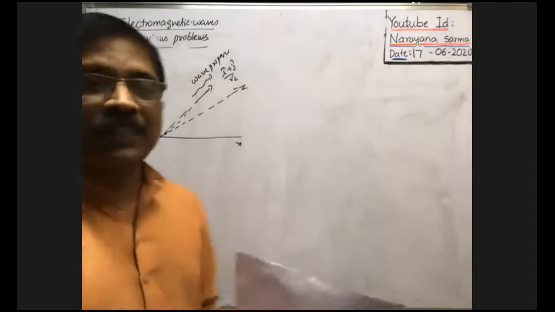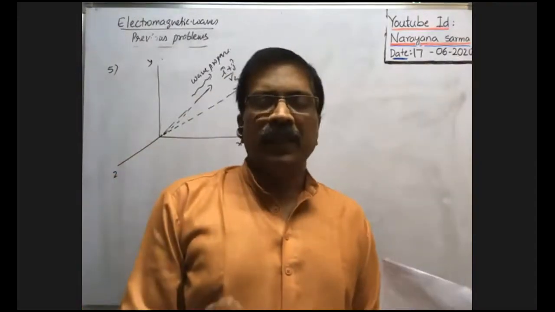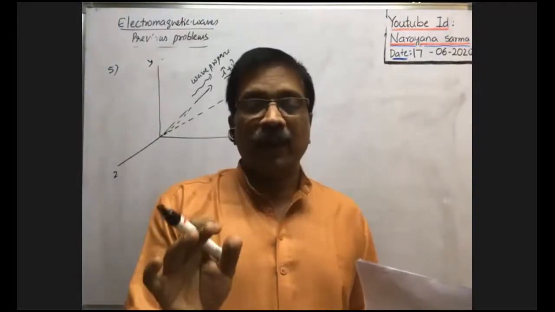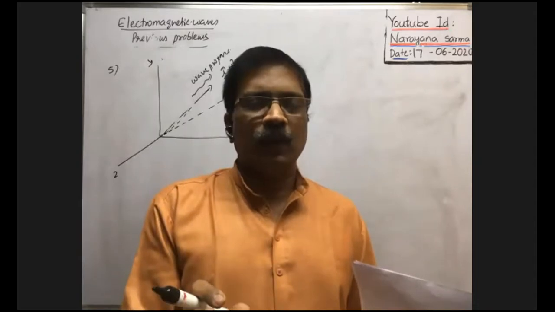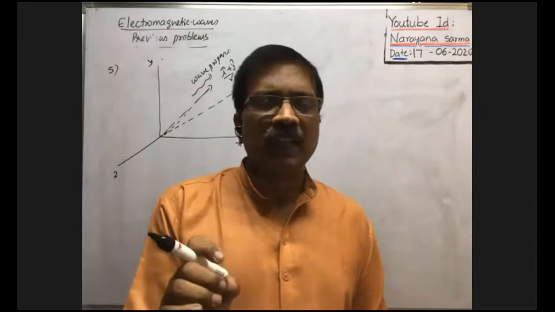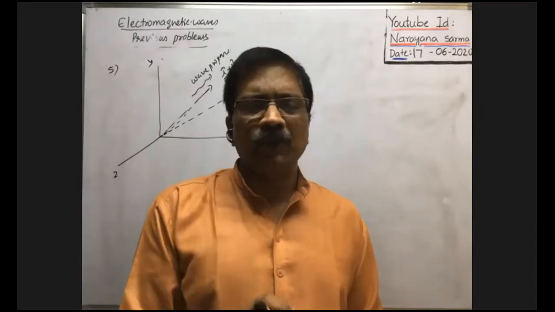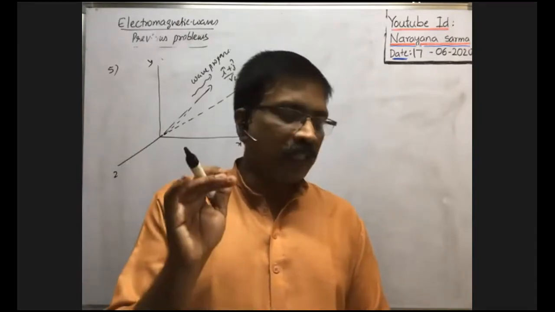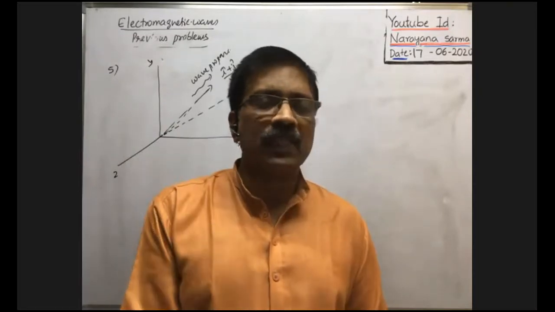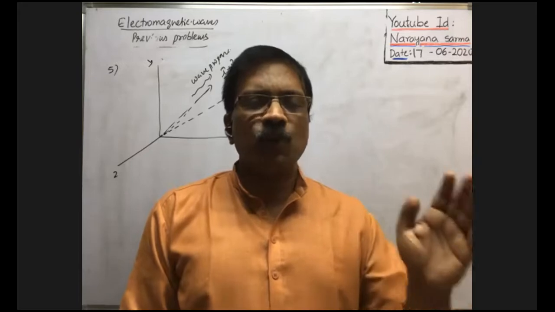Polarization along k cap means the light wave only gets polarized. In the electromagnetic wave, the electric wave is the light wave, no? That's why it is the polarized wave. Polarization takes place only in the electric wave.